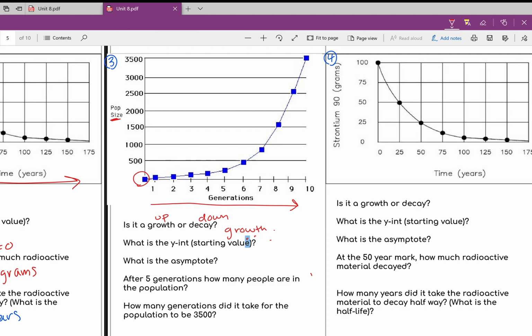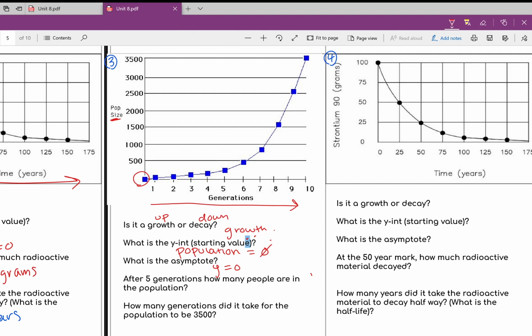So it's where the population is equal to 0. Then it says, what is the asymptote? Again, the asymptote in Algebra 1 is always going to be y equals 0 since none of our graphs is going past the x-axis.